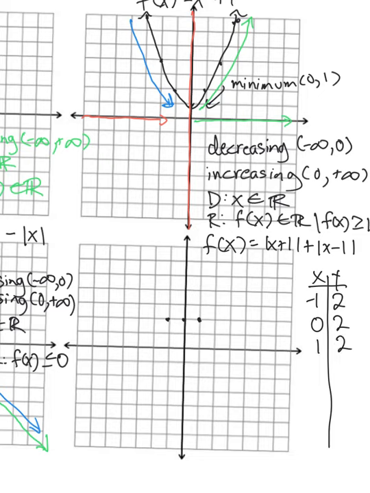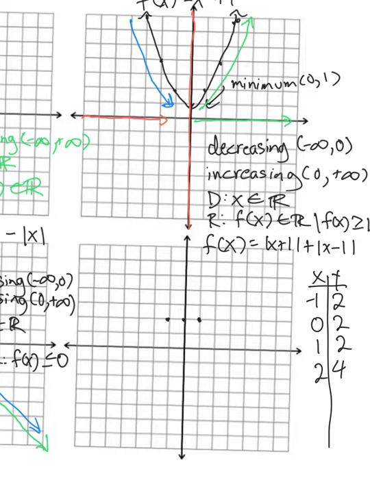And I know since this is absolute values, it's going to mirror each other. So I'm just going to keep going positive. If I plugged in 2, 2 plus 1 is 3, the absolute value of 3. 2 minus 1 is 1, so 3 plus 1, that is 4.